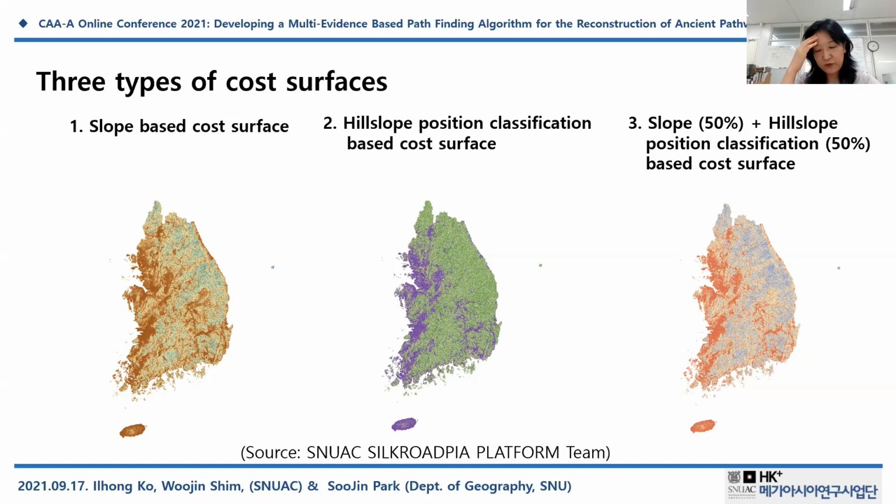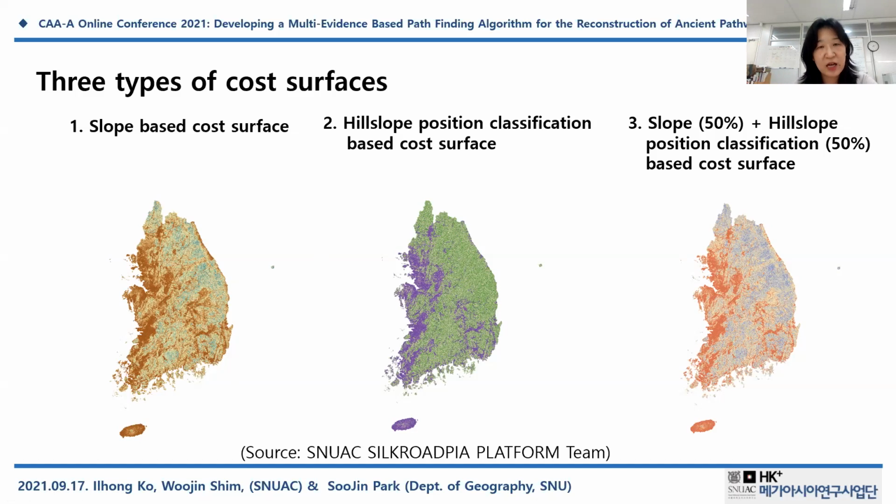So first we created 3 different types of cost surfaces, which would later be used to estimate the least cost path between the 2 points. And here I've brought these 3 maps. This first map is a cost surface that is based on slope, so the traditional kind of cost surface.